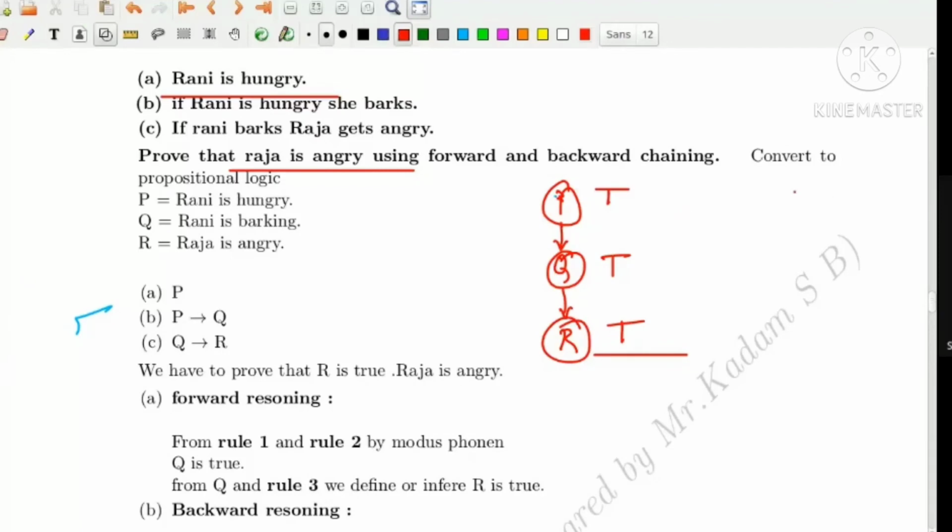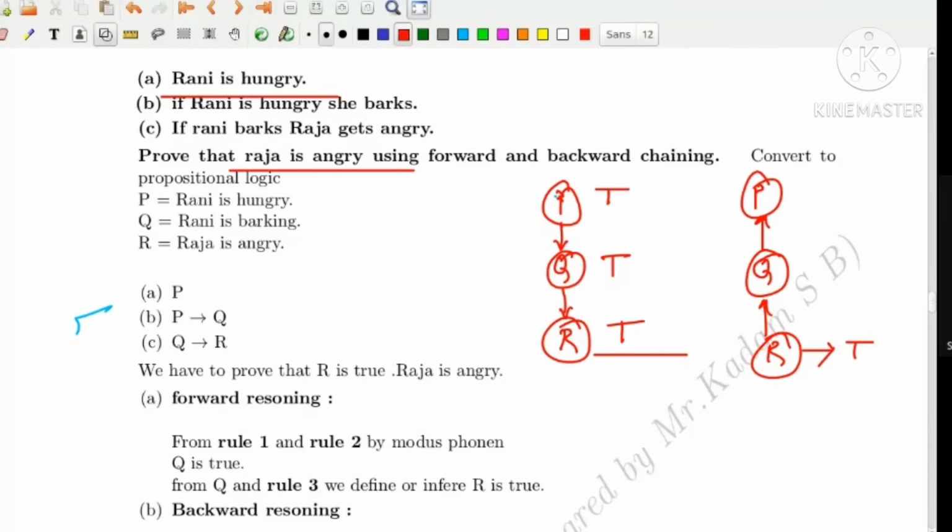In backward reasoning, what happens is like this. We know that R is true, but we cannot legally prove that R is true because we do not have certain clues. You should picture a criminal case where you want to prove that R is a criminal.